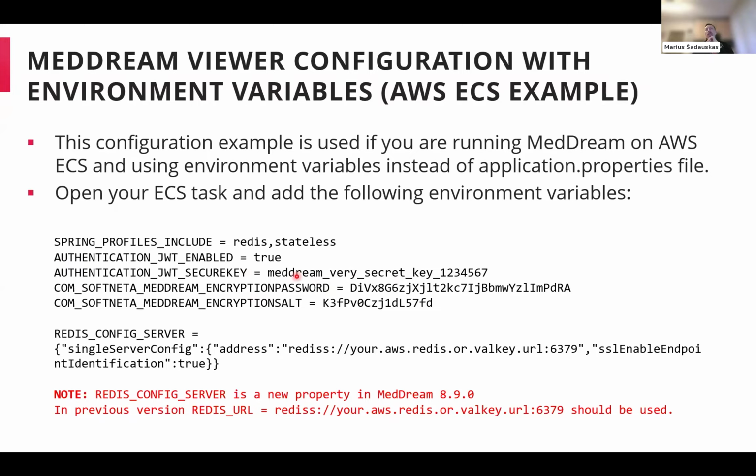Once again, change these values to more secure ones. And for the Redis config server configuration, you need to provide this as JSON with these special characters, and just change the Redis URL to your actual Redis service or IP or whatever service you will be using.